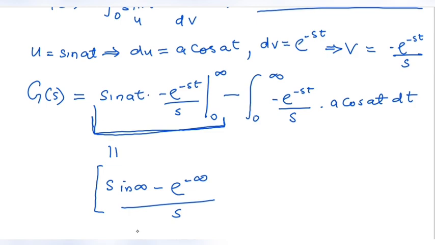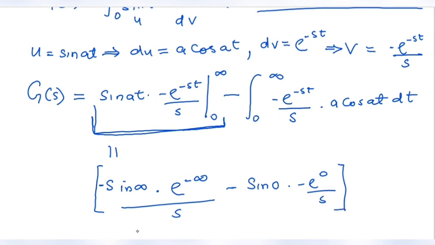Now, there's a little error here. I can bring the negative sign out up here. So this is minus, then when t is 0, you have sine 0 times negative e to the 0 over s.